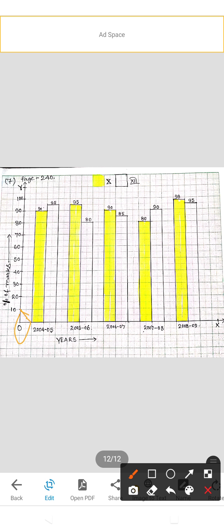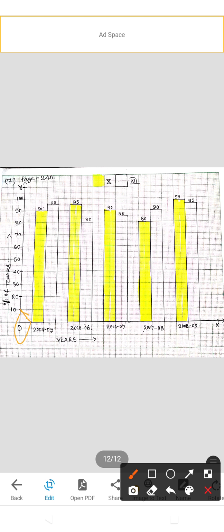Now draw the bar. Here the colored bar shows the pass percentage of standard 10, and the white blank bar or rectangle represents the pass percentage of standard 12.